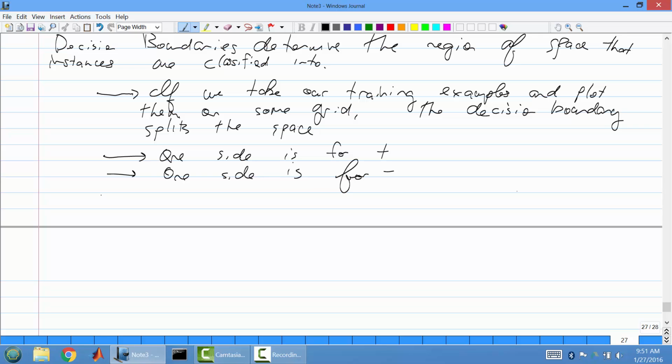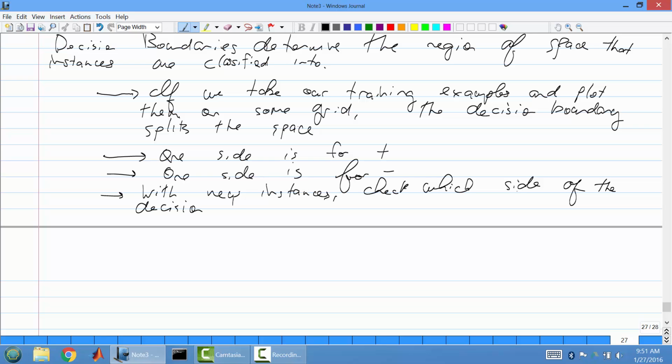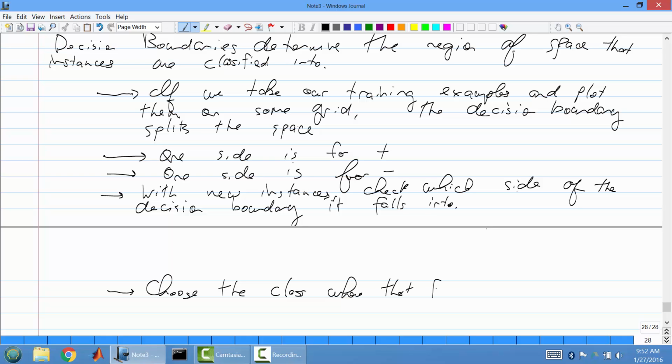So with new instances, check which side of the decision boundary it falls into, and then choose the class where that point falls.